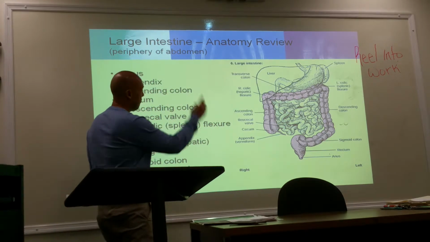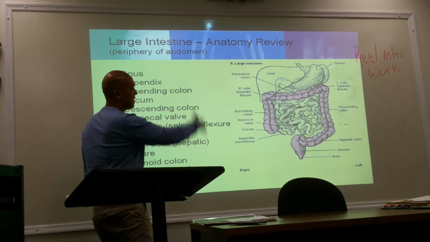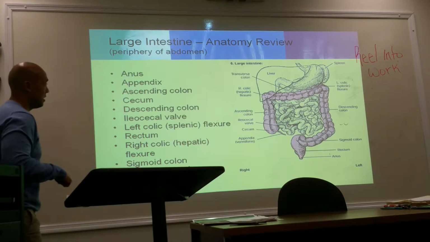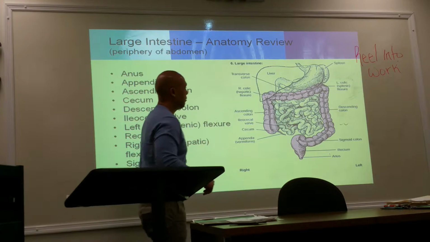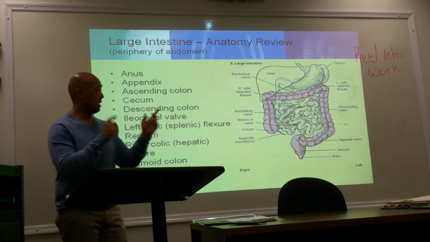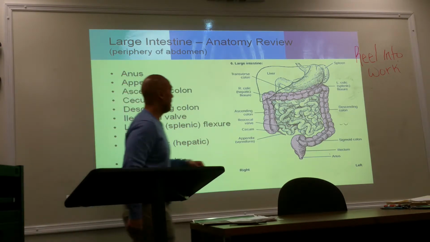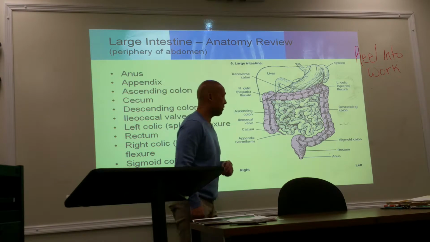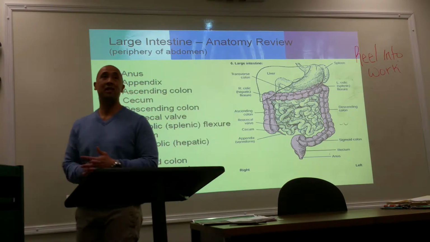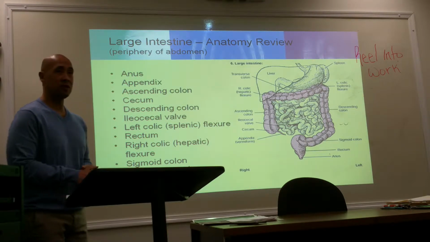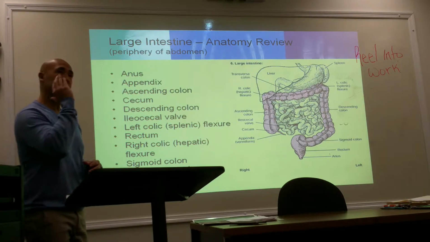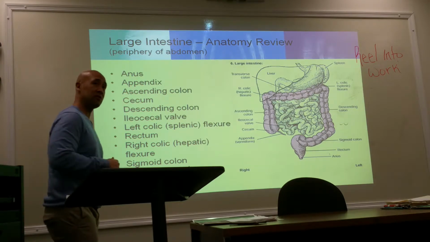From the cecum, we go up the ascending colon. At the very top, where it makes an extreme left, is the right colic flexure, also known as the hepatic flexure. Then it makes its way through the transverse colon.